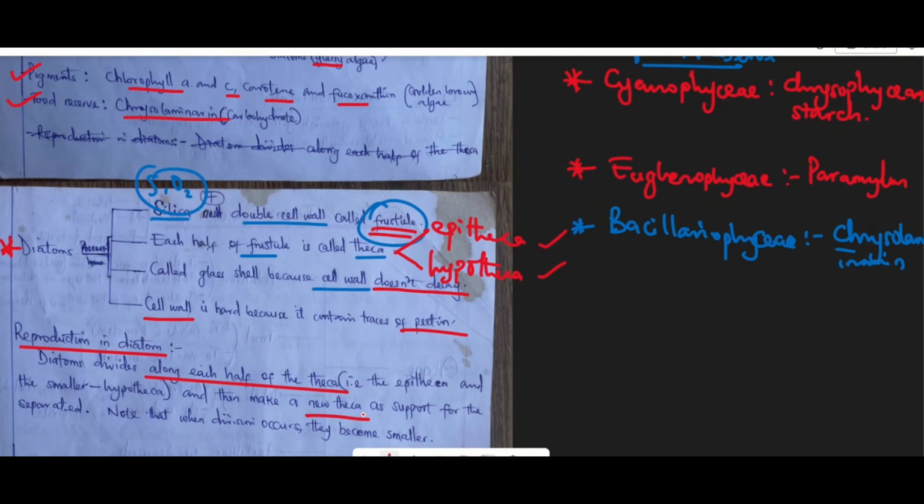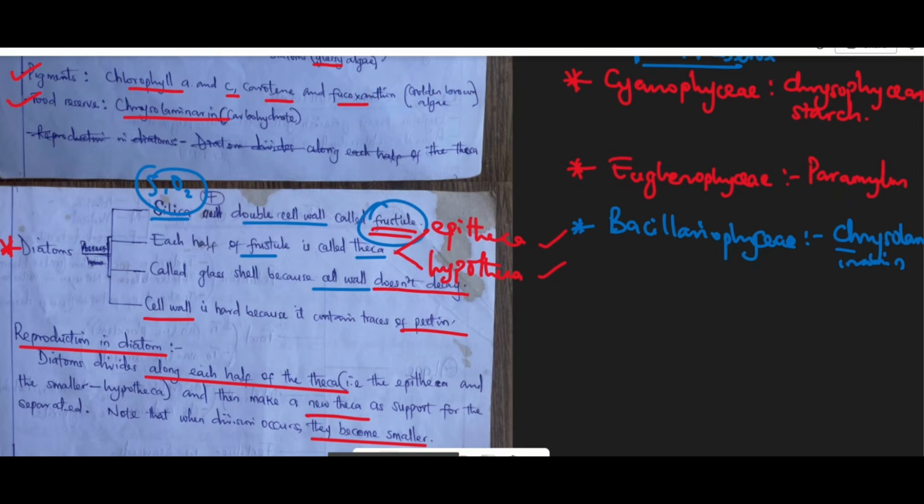The hypotheca that just divided will have to make a new epitheca. And that is how diatom undergo reproduction. But note that when this cell division takes place, the new cells become smaller in size when compared to the parent cell.